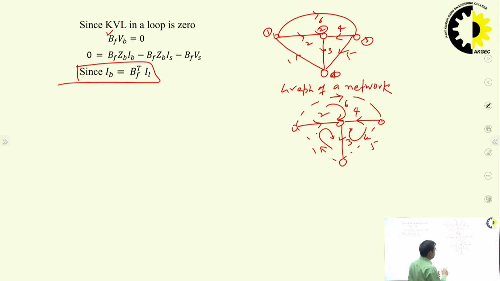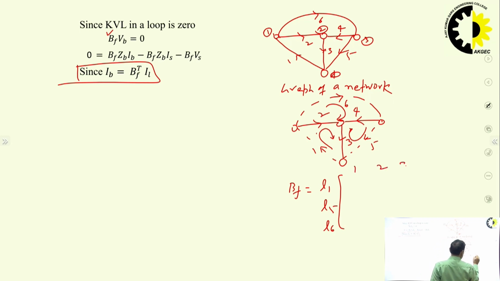So we can write the matrix. Suppose this is your L1, L5 and L6, and the branches 1, 2, 3, 4, 5, 6.